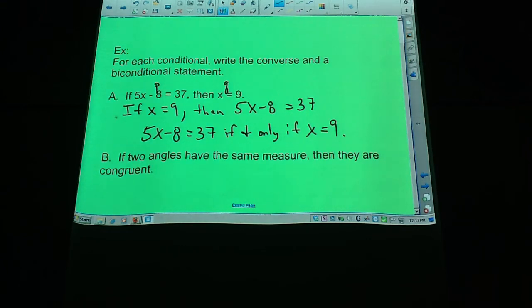Alright, so down here we have if two angles have the same measure, then they are congruent. So that would be true. We're going to go ahead and write the converse of that then.